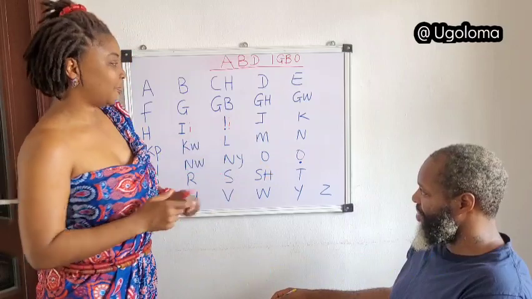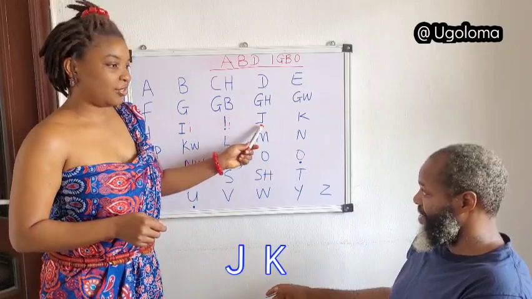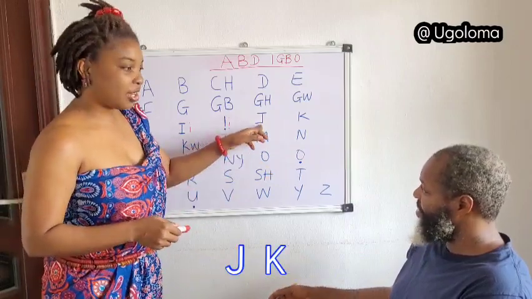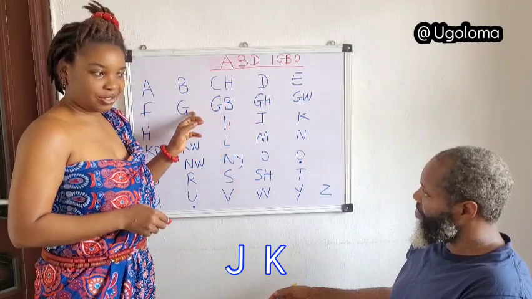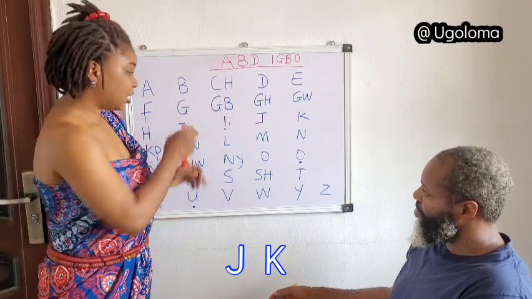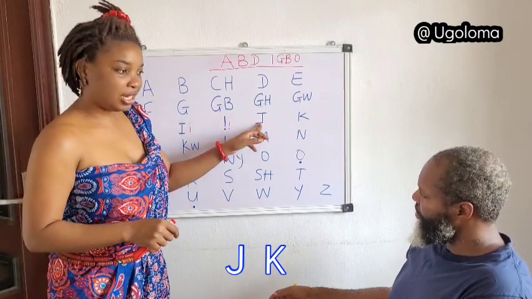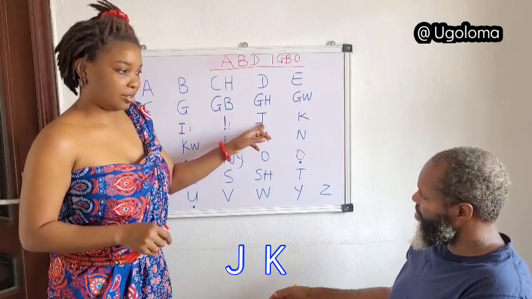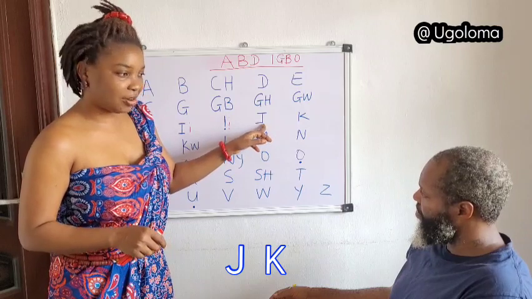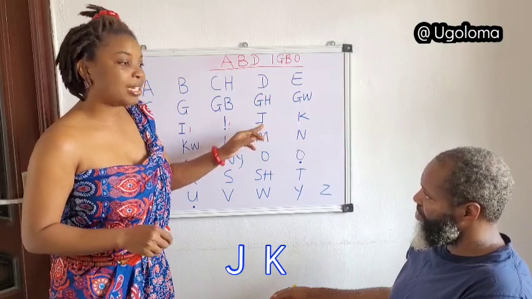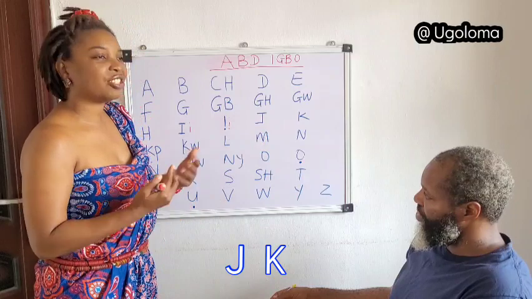J. So this J is like G in English, okay? But in Igbo, G is G, and the letter here is J. In English you call it J, right? And in Igbo we call it J, like Jiri.